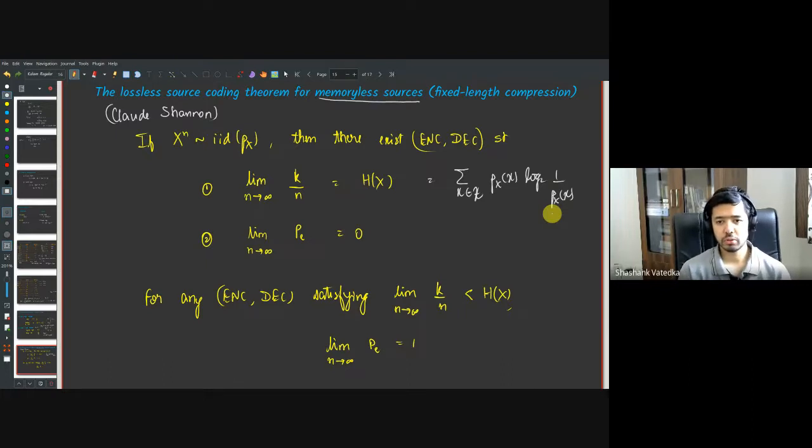So it is possible to construct compressors for which the asymptotic rate is equal to the entropy, or arbitrarily close to entropy. To be more precise, this is equal to entropy plus some epsilon.